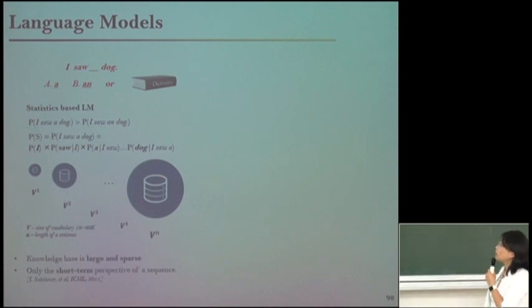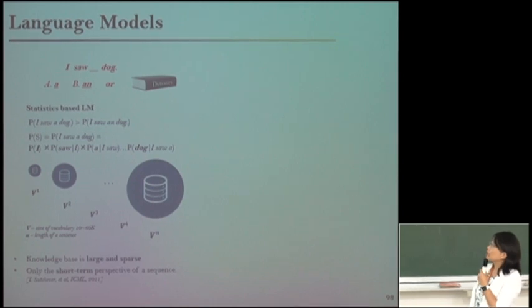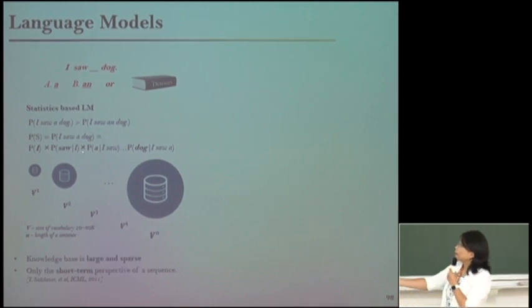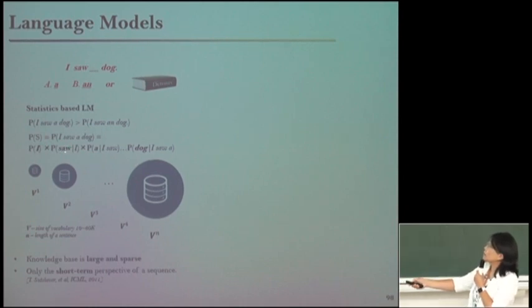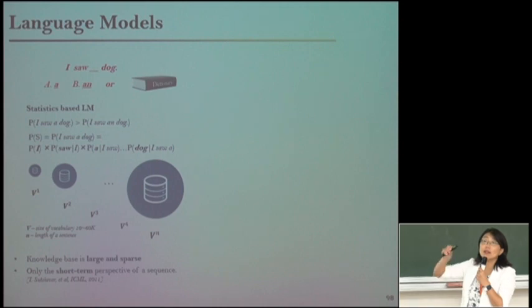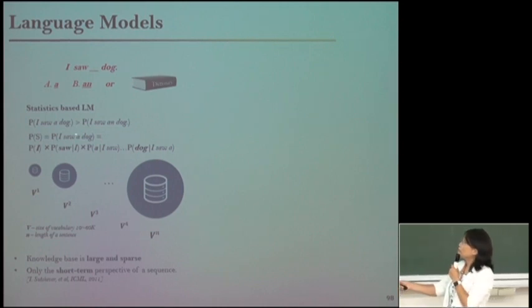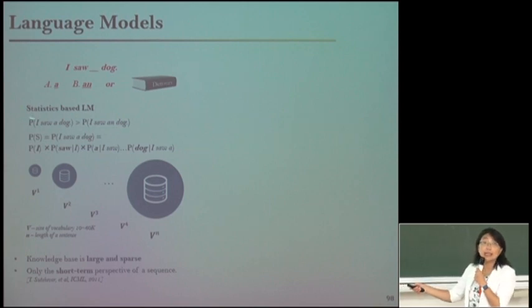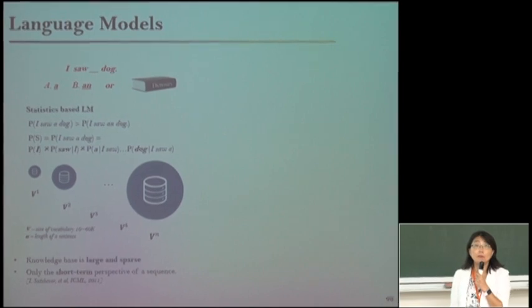So how do we calculate the probability of these sentences? First, the probability of I, times the probability of saw following I, and then the probability of A following I saw, and so on and so forth. Through completed sentences, they can get the value for this combination, and then you can get the value for another combination, and then compare the probabilities.